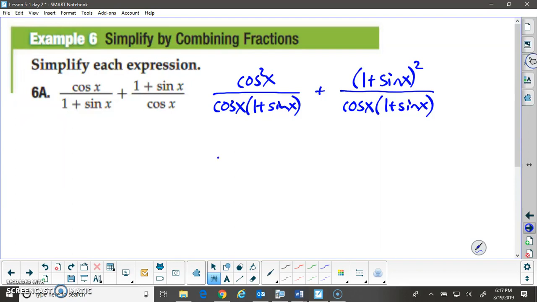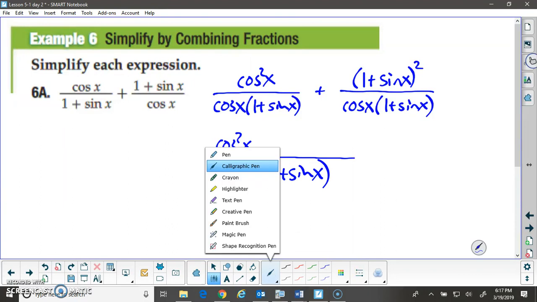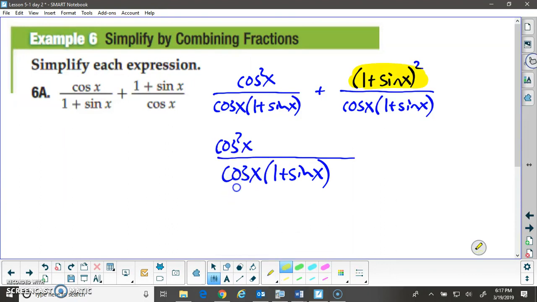And so now we can put these two fractions together. And that's going to give me cosine squared of x. Now, I have to FOIL, where's my highlighter? Here's my highlighter. I have to FOIL this out.